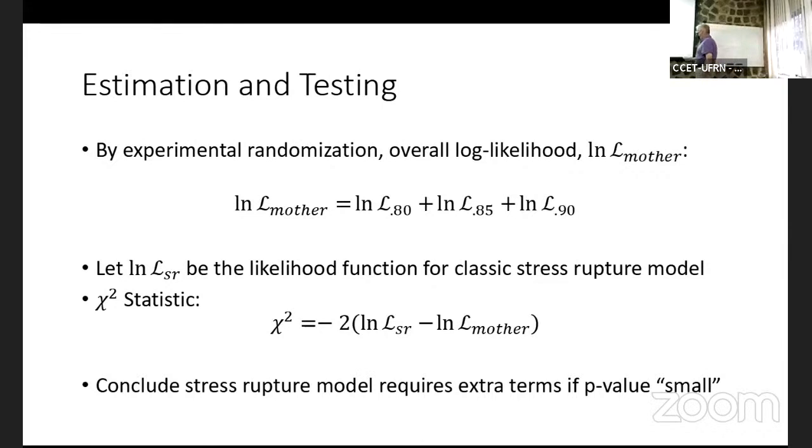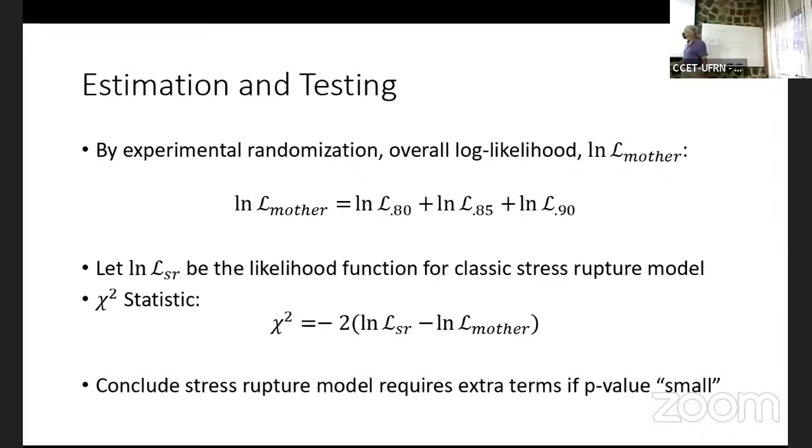This is the standard chi-squared statistic. If the log likelihood of the stress rupture model is close enough to that of the mother model, this chi-squared is going to be small, and the p-value is going to be large. Which is saying, if this chi-squared statistic is near 0, this is effectively giving me the same information as the mother model.